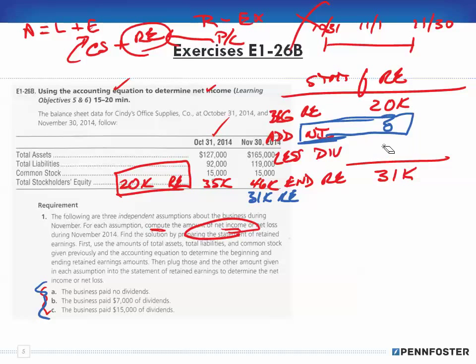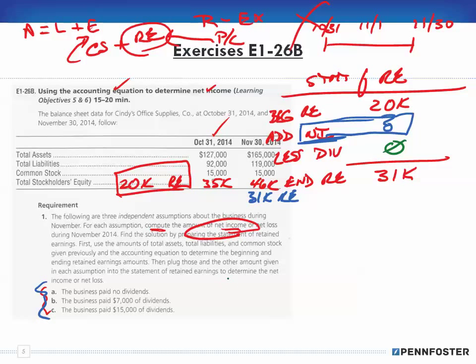So if the business pays zero in dividends, all we're going to do is back into this net income.